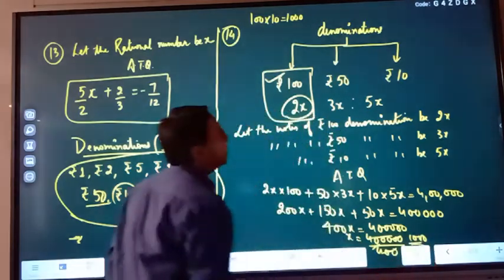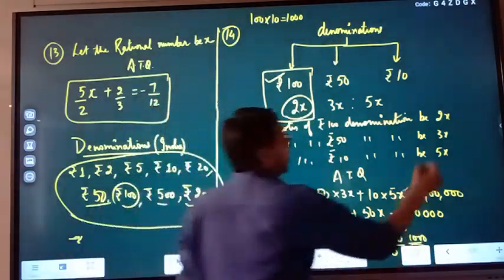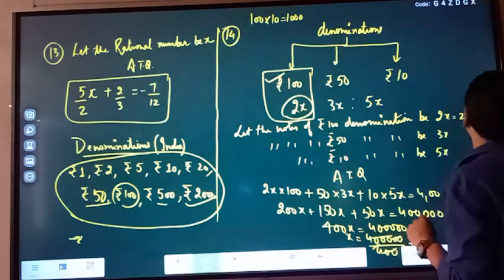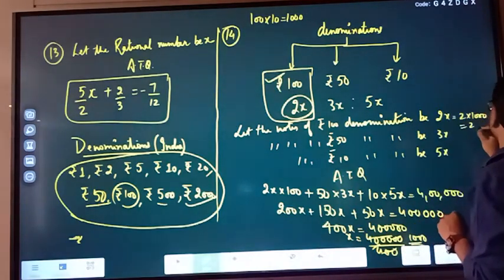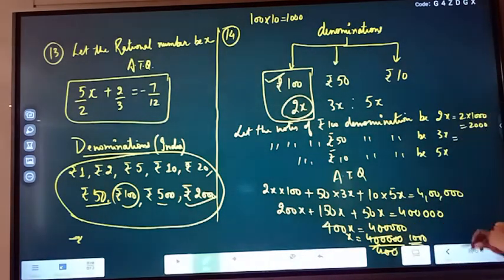It means how many notes of 100 rupees? 2 into 1000, that's 2000 notes. How many notes of 50 rupees? 3 into 1000, 3,000 notes. How many notes of rupees 10? 5 into 1000, that's 5,000 notes.